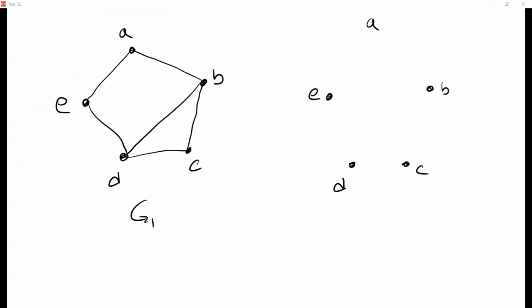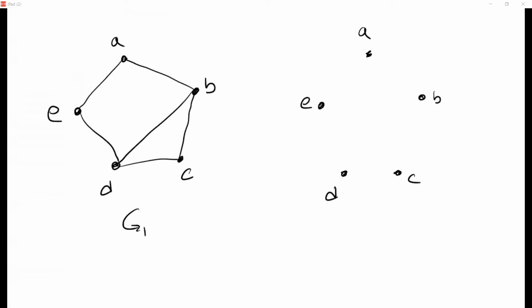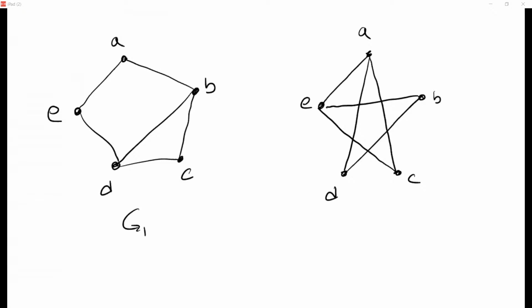Oh no, I erased. Hold on a sec, that's better. So graph 2, give me a sec. Hold on a minute. I messed up. That's better. So graph 1 and graph 2.